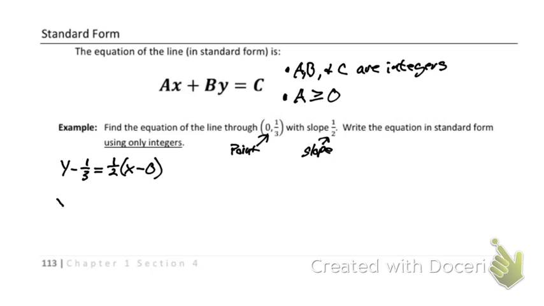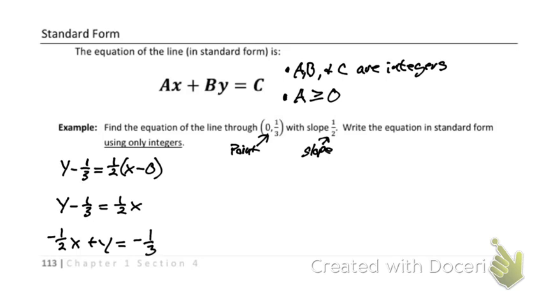Well, we can reduce that down to y minus 1/3 equals 1/2 x. The first thing we have to do is get our x's and y's on one side to be in standard form. So let's move our x to the left-hand side. So it'd be negative 1/2 x plus y equals negative 1/3.